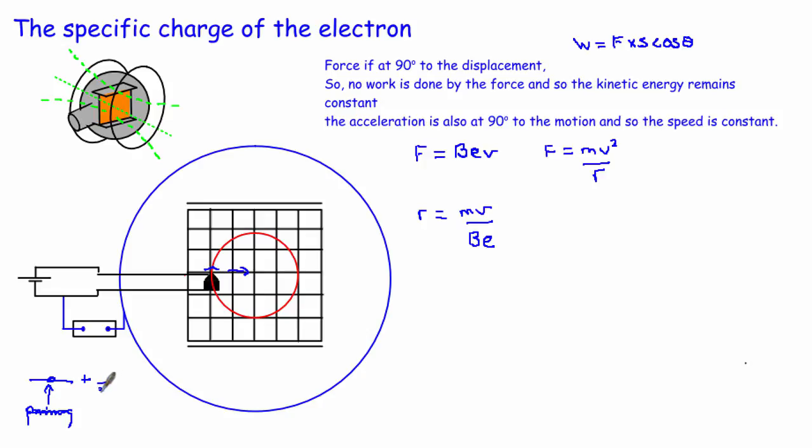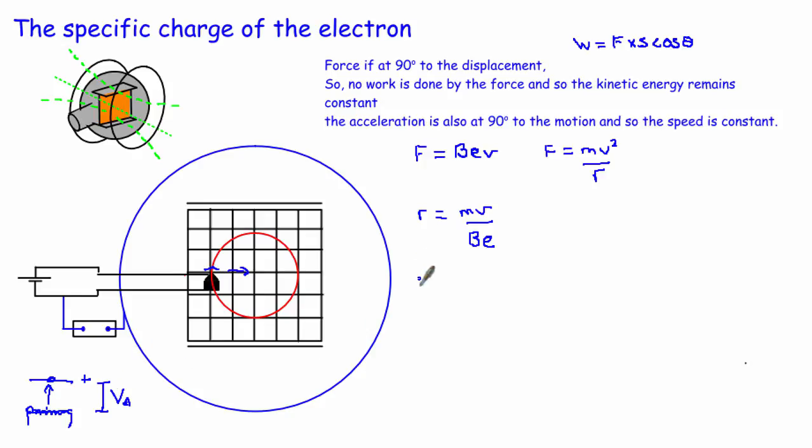So the potential difference here we can actually measure, and what we're going to assume is that this is at 0 volts and this anode has got a certain potential, so the potential difference between here we're going to call VA, the anode potential difference.